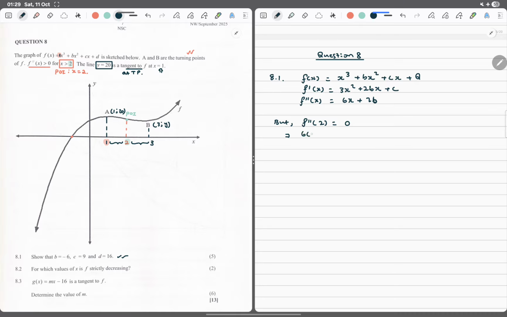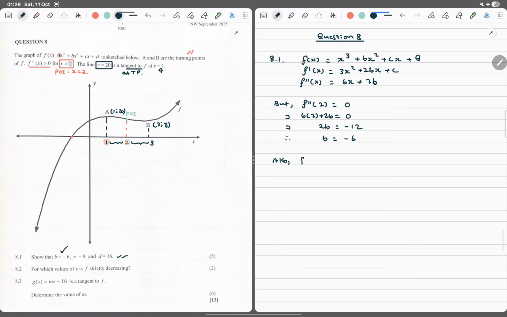So this means 6 into 2 plus 2b is 0. This implies 2b is equal to minus 12. Therefore, b is minus 6. Done.